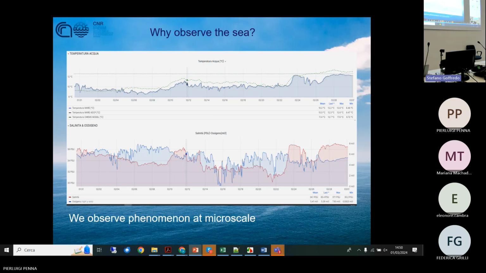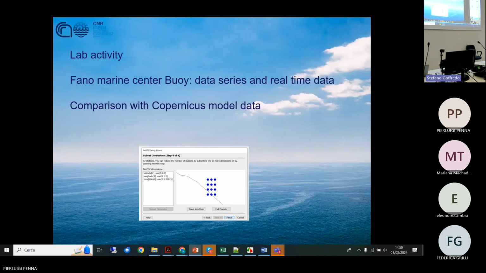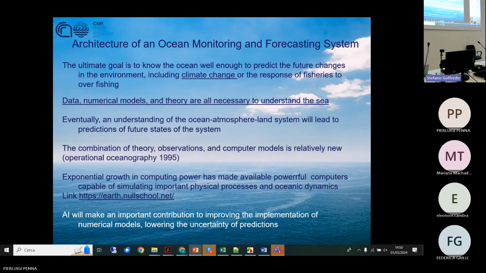No, sorry, 4.2 kilometers square resolution. As you can see in the map here, this is the point that I downloaded to compare with the buoy. So it's very close to the coast.